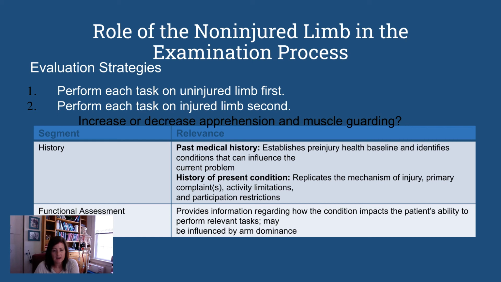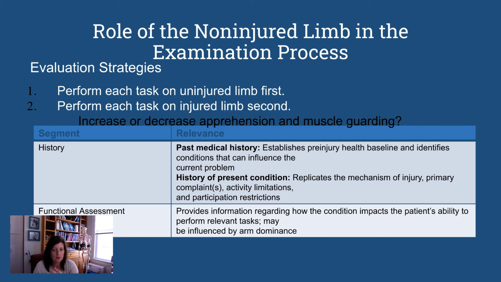So I think it's a good practice to assess the uninvolved limb first so that you can get a sense for the way that that patient presents, whether it's in terms of muscle strength or laxity or apprehension, and then to test the injured limb as your second one, okay? And I think this helps patients to get used to what you're going to be doing to them, and it decreases their apprehension.